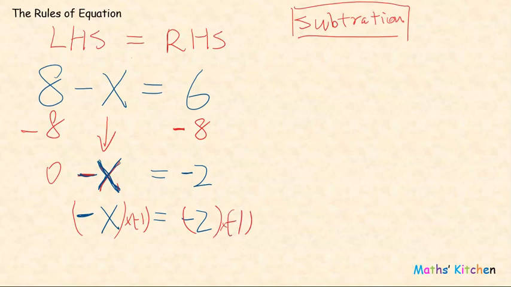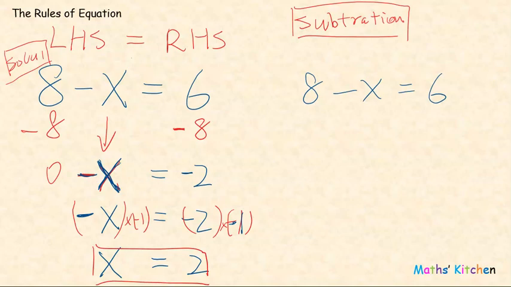As we say, we need to have the same operation in both sides. The left hand side, minus x times minus 1 equal to positive x. And right hand side, negative 2 times negative 1 equal to positive 2. Now, this is the answer.